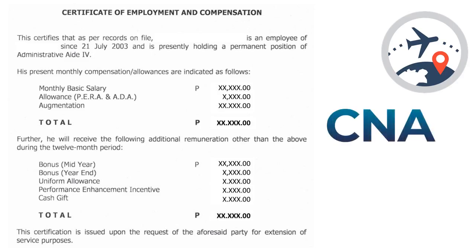And then there could also be a collective negotiation agreement between management and the employees. Some benefits could be given to the employees, like a rice allowance or a health insurance.